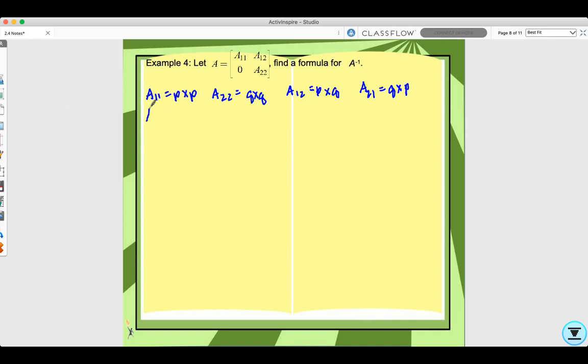Also, we're going to assume A is invertible, and we're going to let B equal A inverse. So let's go ahead and set this up.